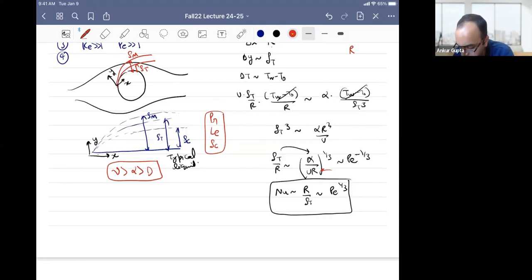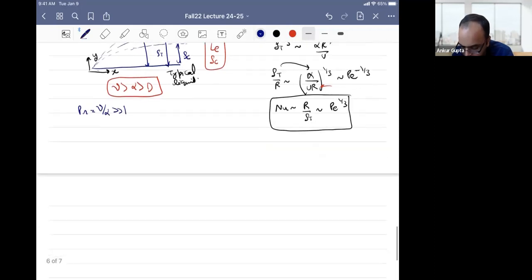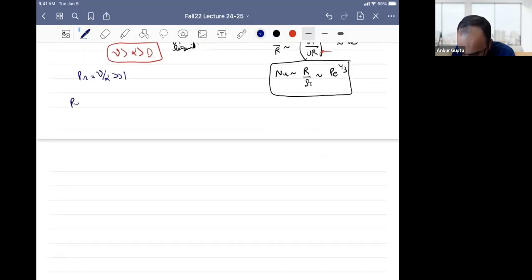Okay, so for a typical liquid, we know that nu by alpha, which is called the Prandtl number, is greater than 1. So that's what we'll discuss first. Let's imagine the Reynolds number is greater than 1, the Prandtl number is greater than 1, and the Peclet number is greater than 1.